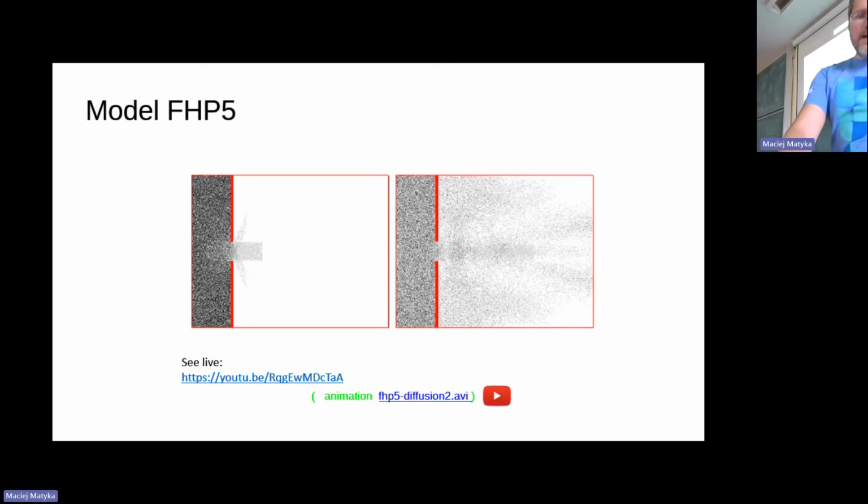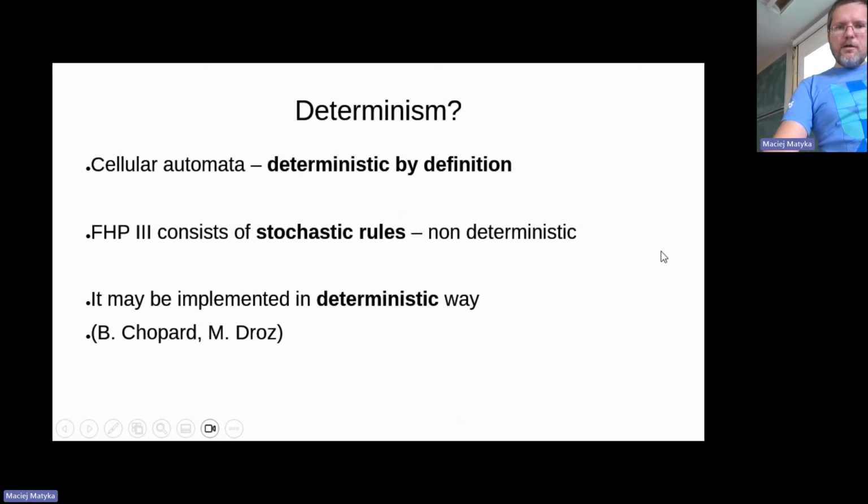Okay, what you can get, this is the example of a diffusing process with FHP5, but I will not play it here. I want to discuss more about why we want to go into the Lattice Boltzmann.